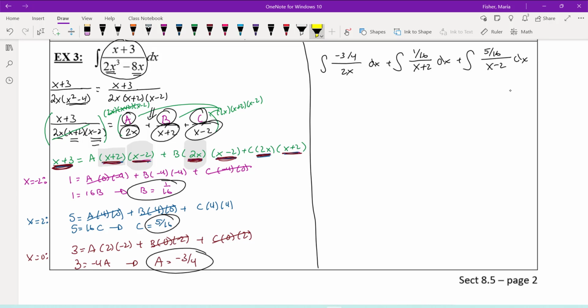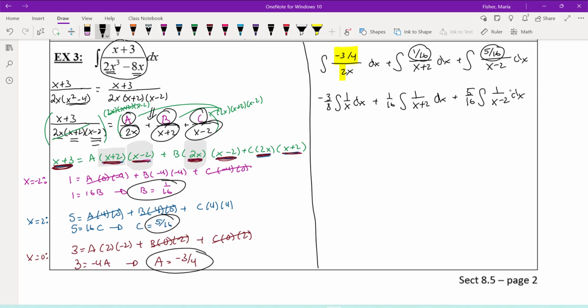So here I'm going to start by factoring out all these coefficients. I have a negative 3 over 4 and a 2 there, so negative 3/4 divided by 2, when I factor out all those, is going to be negative 3 over 8. And this is times 1 over x dx, plus, and then I factor out that 1/16, times that 1 over x plus 2 dx, and then factor out that 5/16, multiplying the integral of 1 over x minus 2 dx.